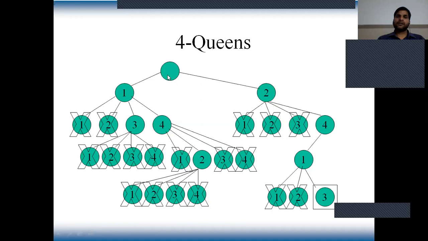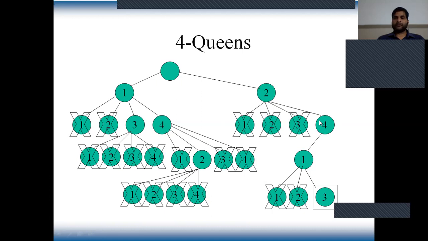The queen is placed in the first row, first column, instead of the first row, second column. So for the second queen, we have an option. We cannot place it in one, two, three, but we can place the second queen in the second row, fourth column.